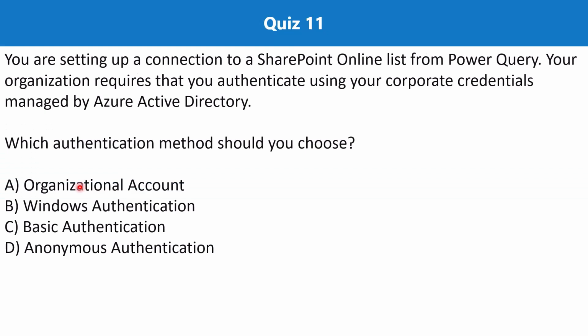Question 11. You are setting up a connection to a SharePoint online list from Power Query. Your organization requires that you authenticate using your corporate credentials managed by the Azure Active Directory. Which authentication method should you use? The four options are organizational account, Windows authentication, basic authentication, anonymous authentication.